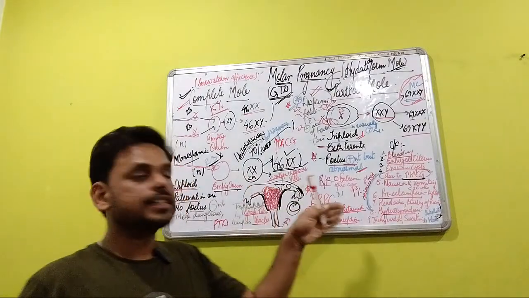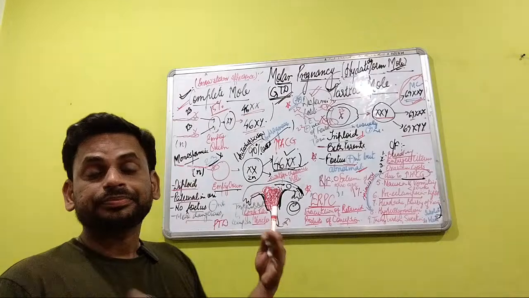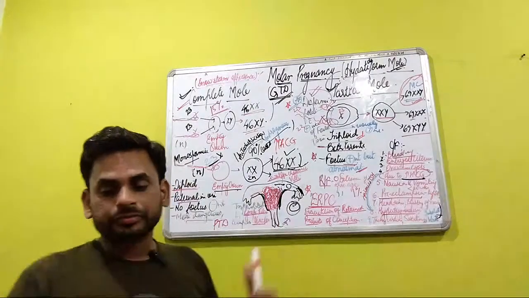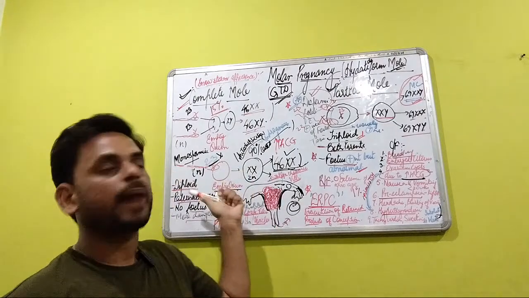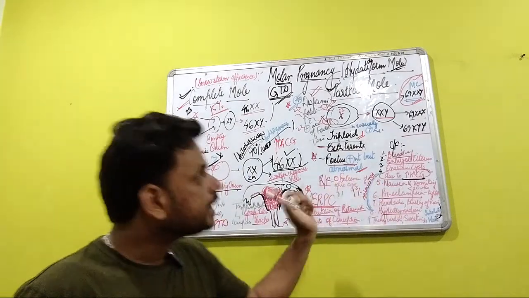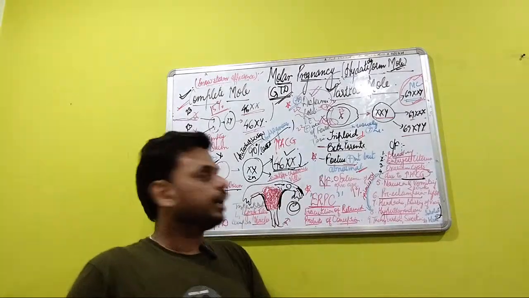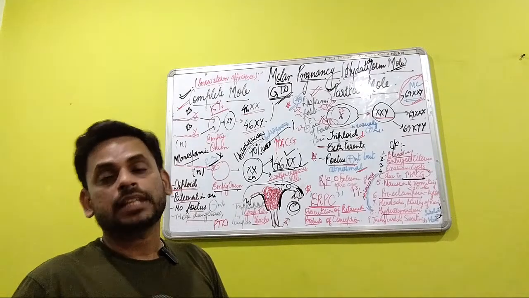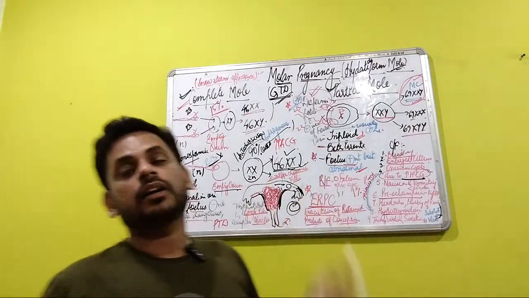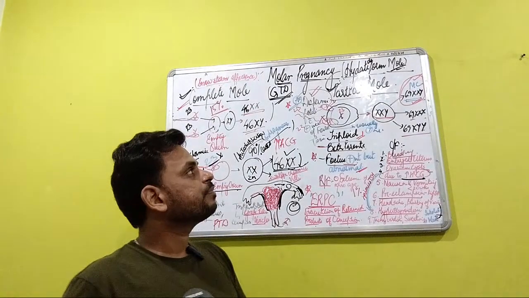Once it invades and gets embedded into the uterine wall, this is called an invasive mole. The treatment of an invasive mole, either in case of a partial mole or a complete mole, is chemotherapy. The patient will be given certain medications and chemotherapy, so the invasive mole can also be treated.